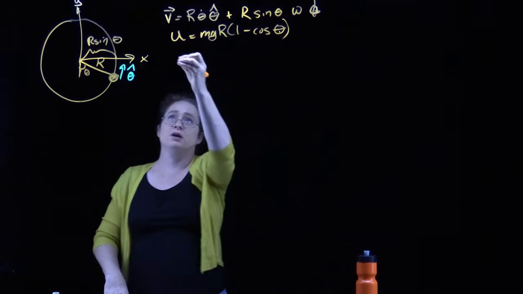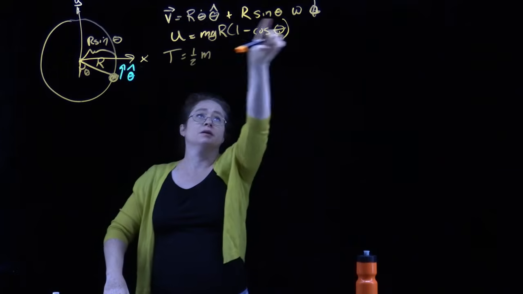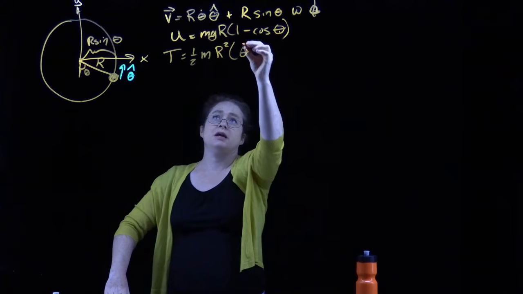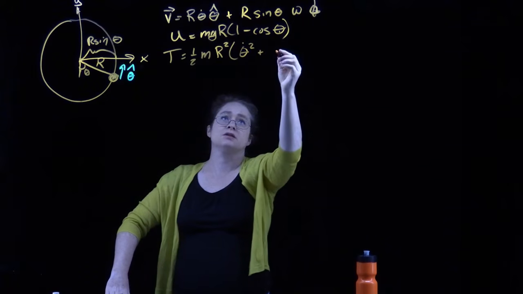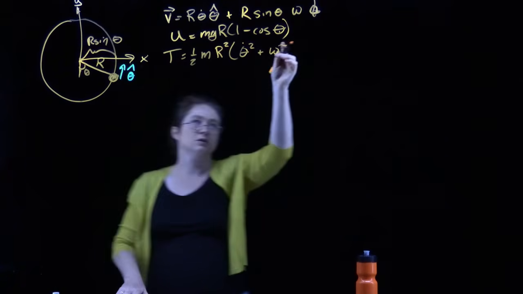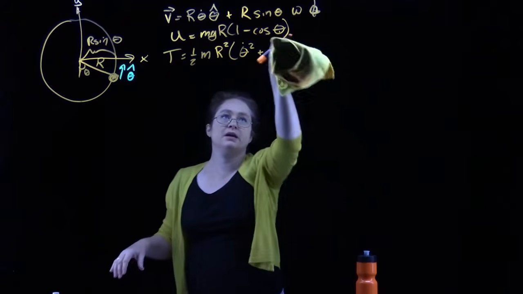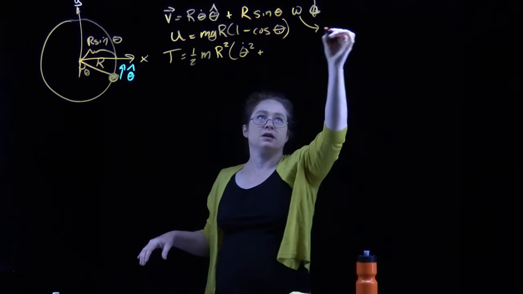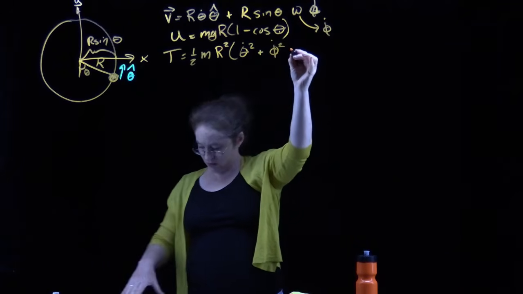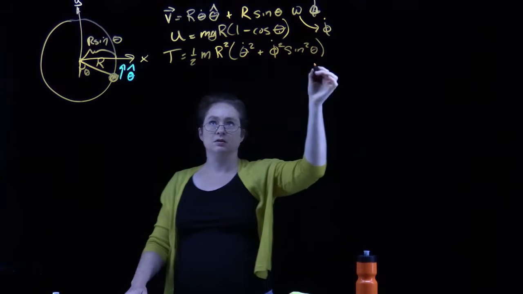So for our Lagrangian, we get 1/2 m times this mess squared, so I get an r squared theta dot squared plus omega squared. Well, I can write this different ways. For omega, this guy is phi dot, so we will use phi dot squared sine squared theta.